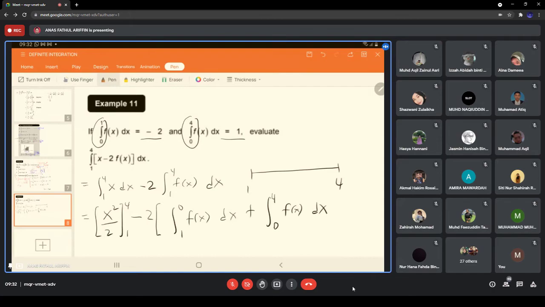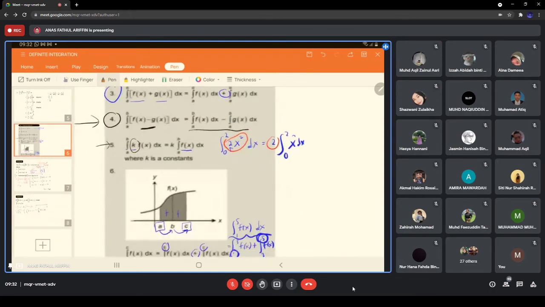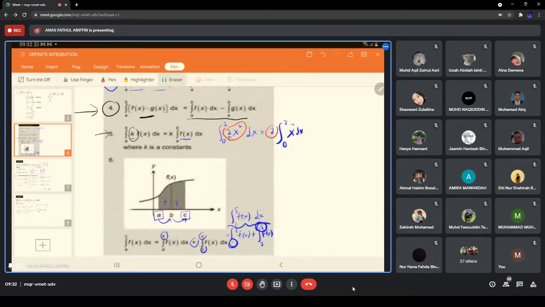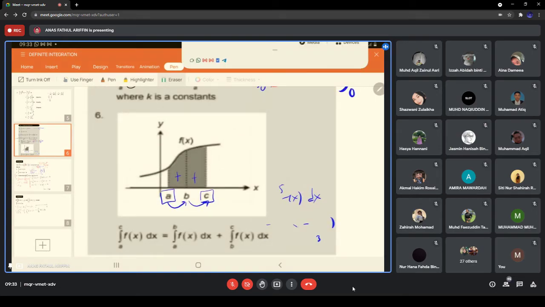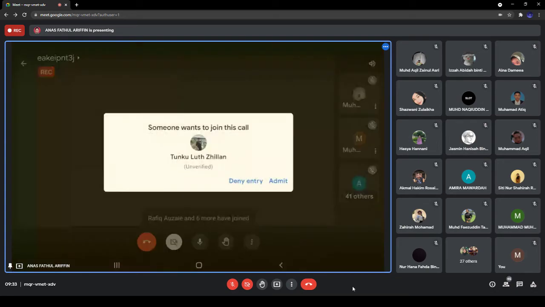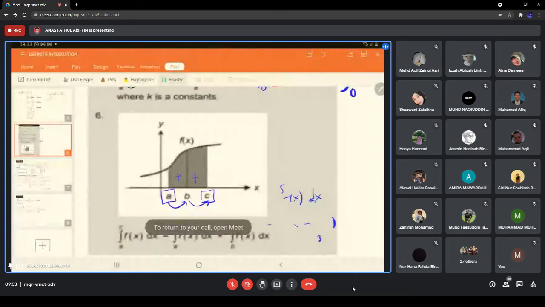Ini kita pakai property mana ni? Kita pakai property number 6. Okay, cuba tengok property number 6. Asalnya kita ada A to C. Now kita nak tukarkan daripada A to C ni, kita splitkan dia.